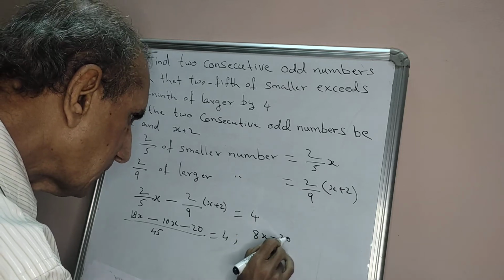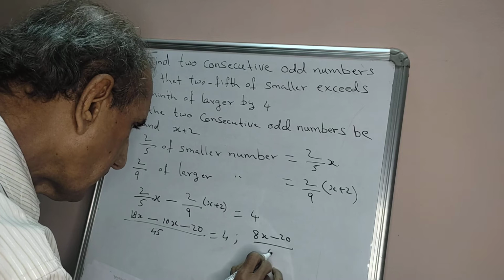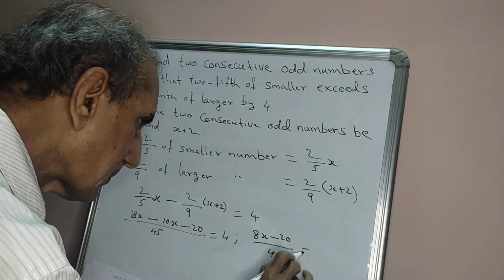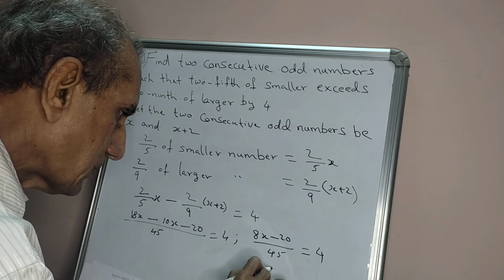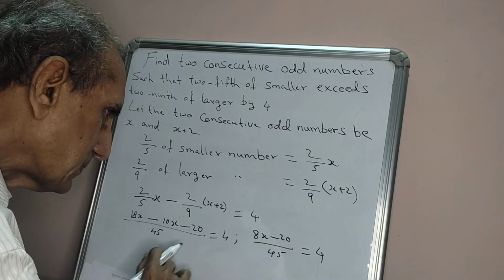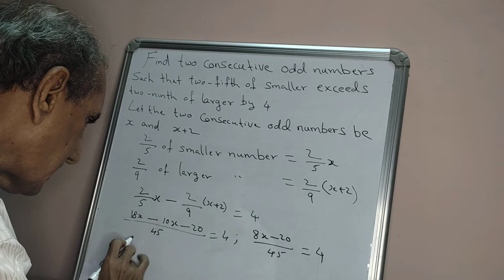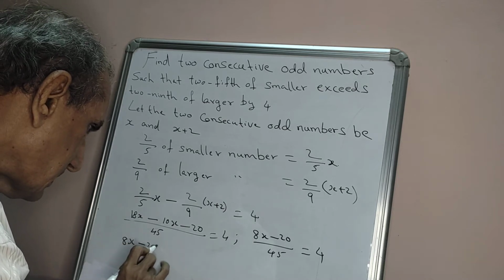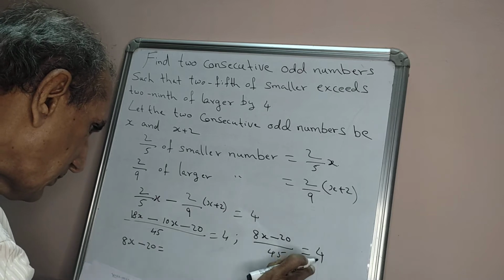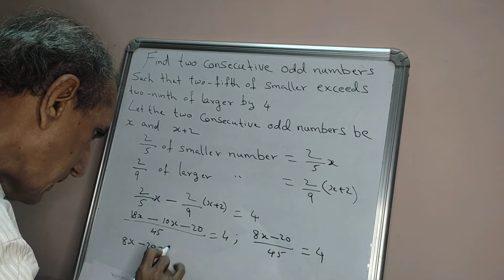8x minus 20 by 45 is equal to 4. On cross multiplication, what do I get? 8x minus 20 is equal to 45 into 4, which is 180.